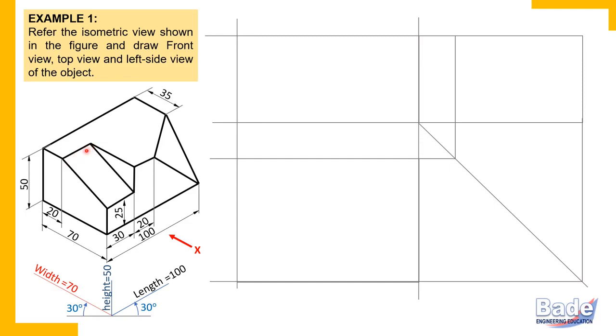Try to understand. This edge is a principal edge because it is parallel to the length axis, and length does not appear in the side view. So this edge simply appears as a point in the side view. So this surface is perpendicular to PP.